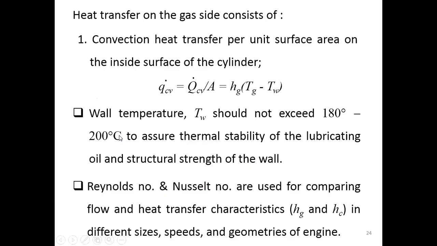So on the gas side, it consists of the convection heat transfer per unit surface area on the inside, which is small q convection, which is the big Q, the total Q due to convection, divided by the area. And this equals the heat transfer coefficient on the gas side times the difference between the temperature of the gas and the temperature of the wall.